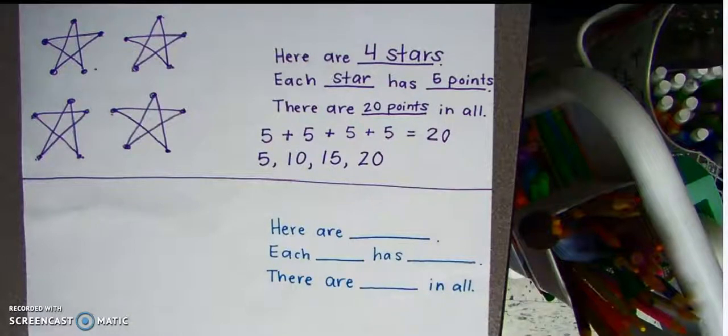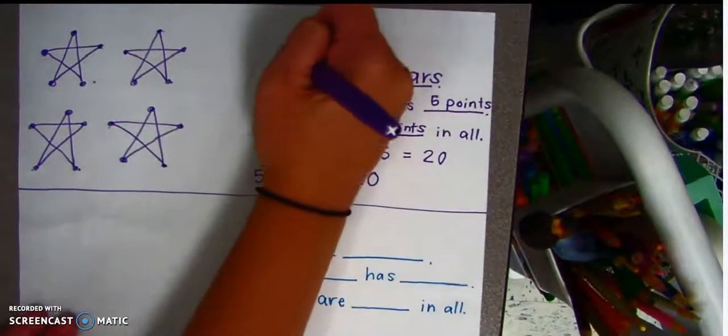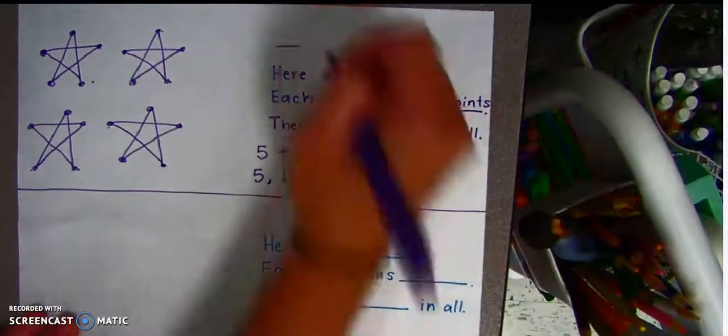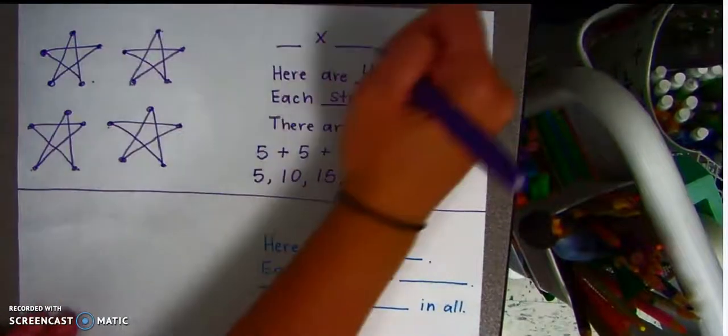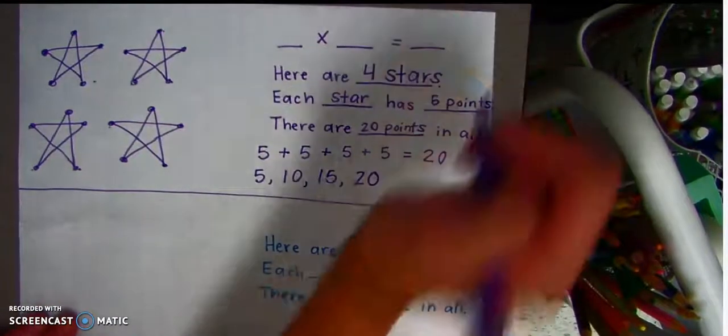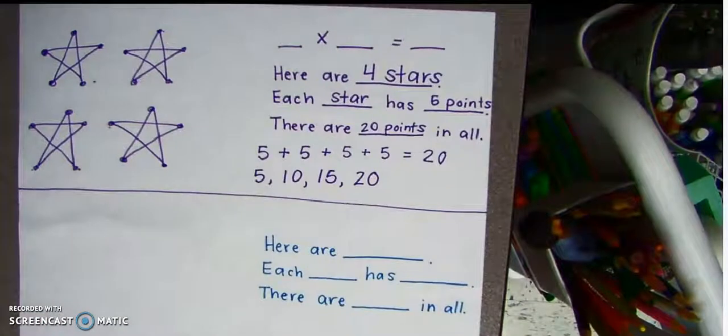So those are just a few ways I could represent these stars, or the points on the stars, with numbers. I could also do this with multiplication. In multiplication, we have one number times another number to get our total. So in multiplication, we usually start with the number of groups.